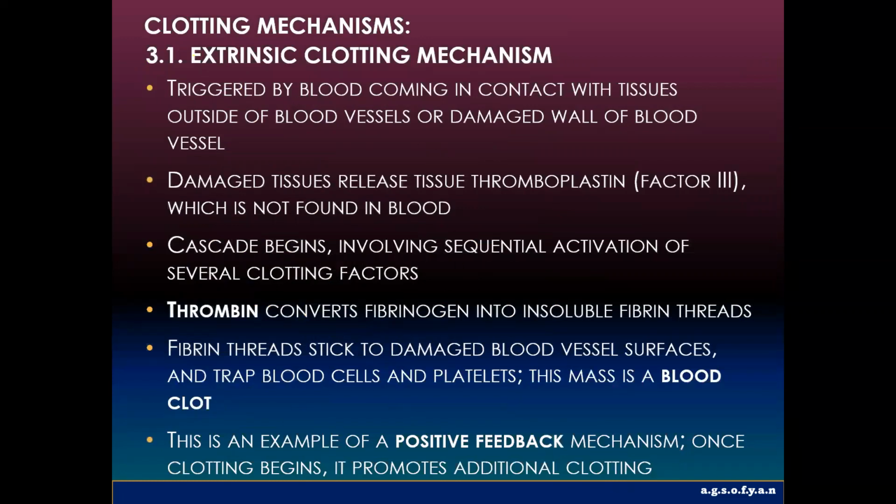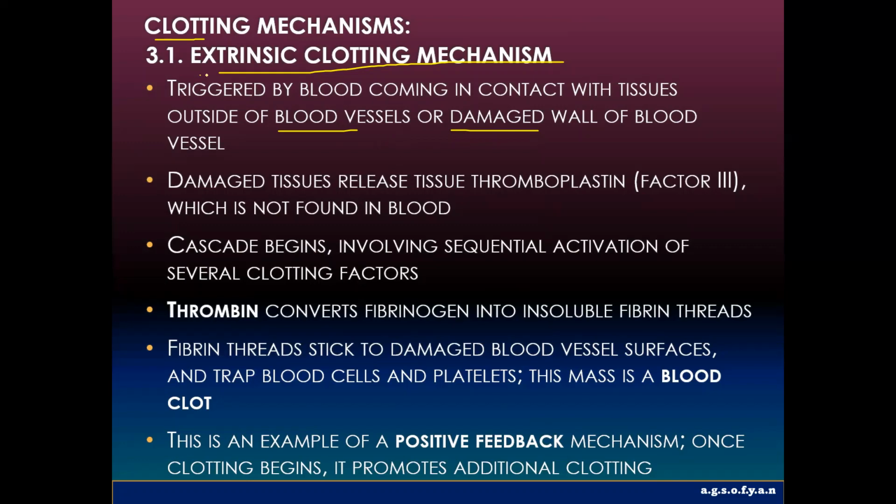For the clotting mechanism, the extrinsic clotting mechanism is triggered by the blood coming in contact with tissue outside the blood vessels or damaged walls of the blood vessel. So when there is a broken blood vessel, the blood will be in contact with tissue outside the blood vessel, and it will trigger this clotting.